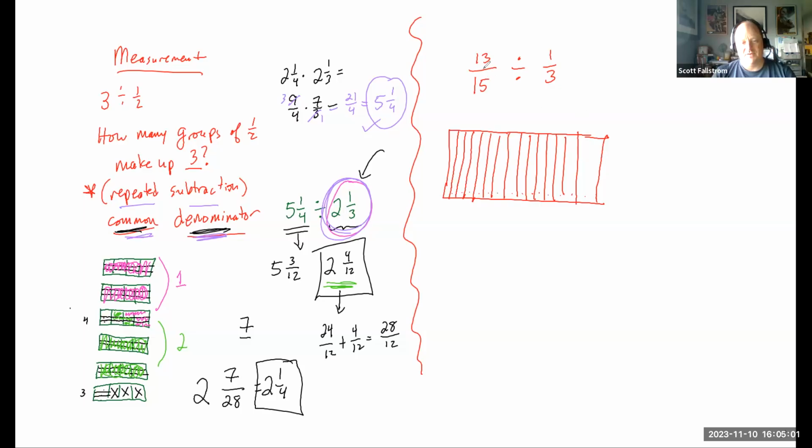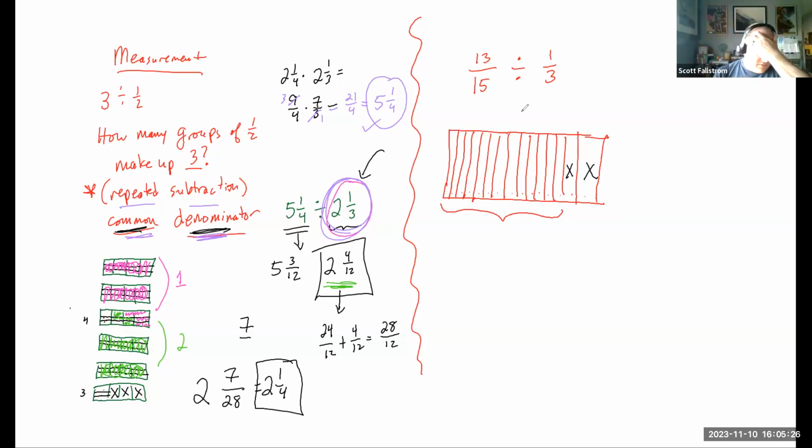Perfect. 15 pieces, and I only have 13 of them, so I need to make sure that these last two, I'm just going to put a little mark on and say those are not part of it. Okay, so I just need 13/15ths. Now I need to divide it up into groups of 1/3. Okay, so that does seem a little strange, and there are a couple of ways you could go about doing it.